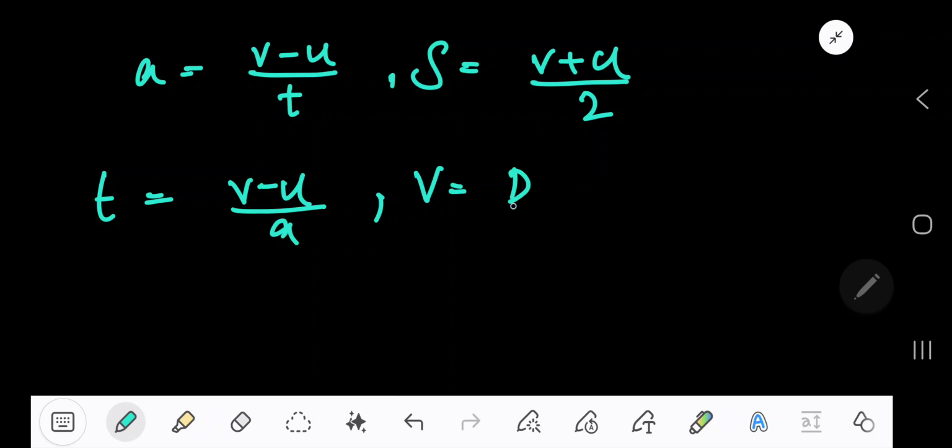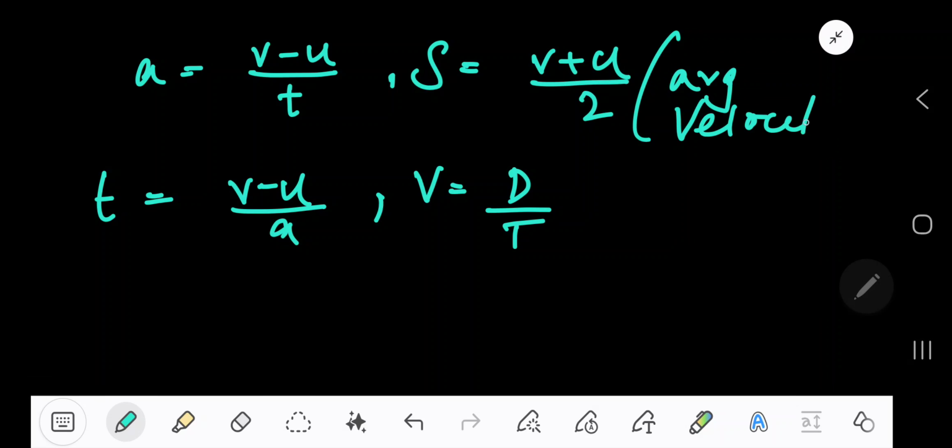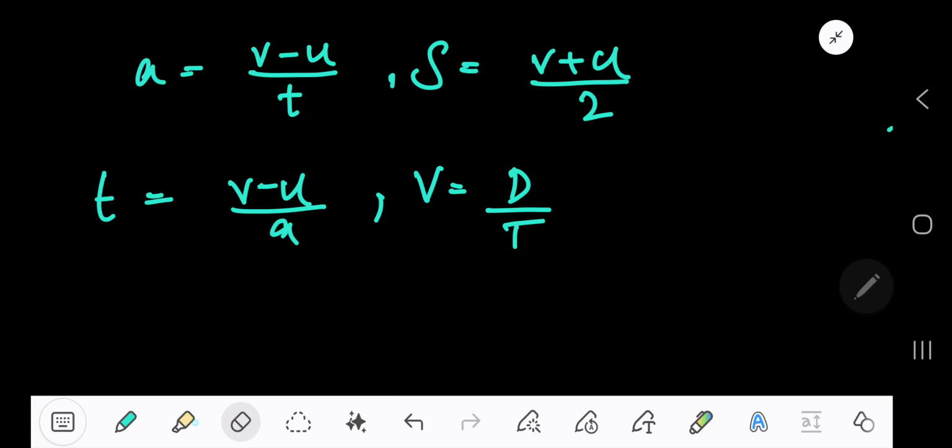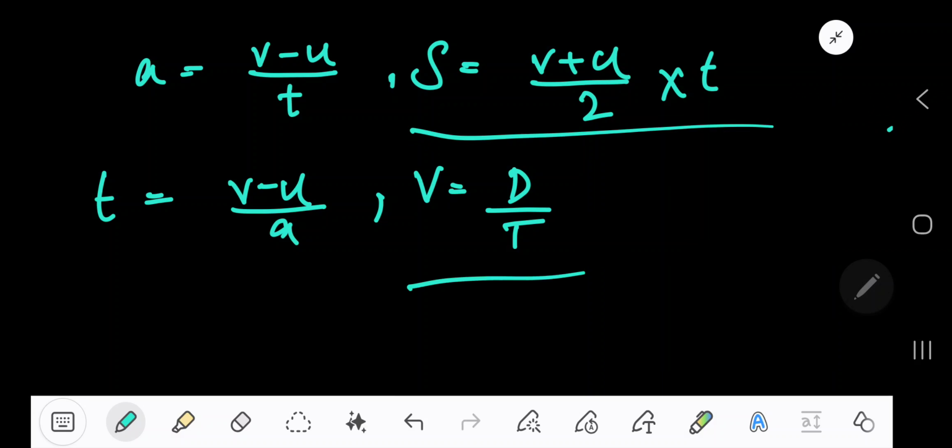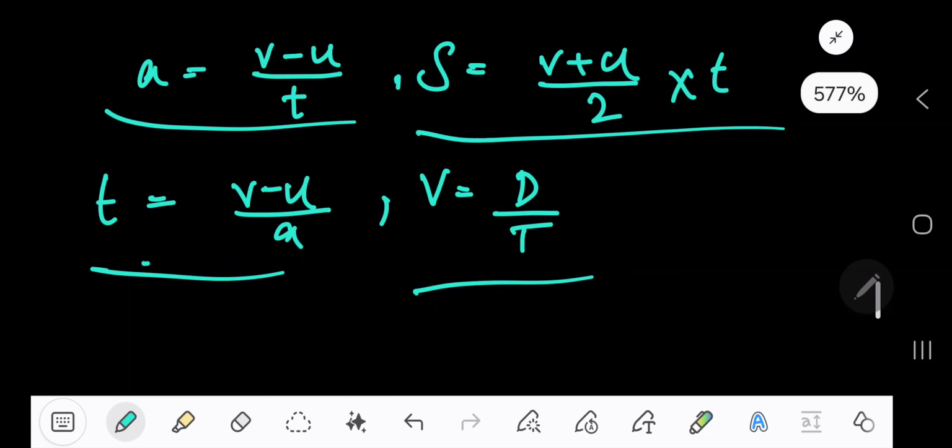Velocity equals distance over time. So we'll have this times t. That's my bad. These formulas you should know for the derivation of these equations.